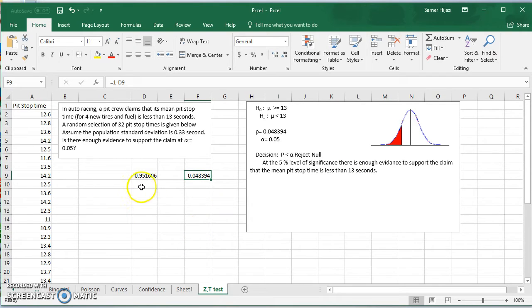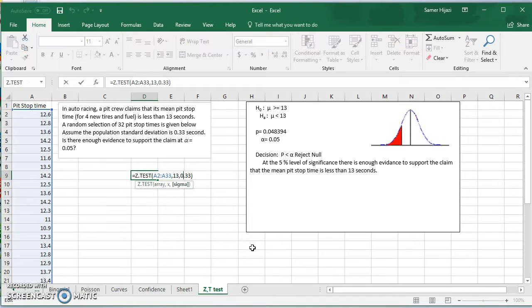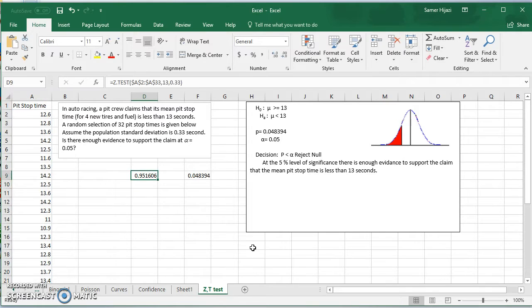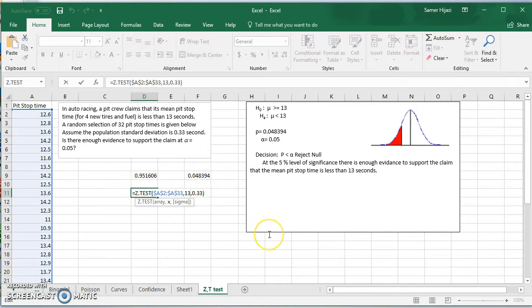Now, let's see if we are finding greater than, so we're doing a right tail. If we're doing a right tail, we don't have to do 1 minus because it's already giving me a right tail. So I'm just going to go to this formula here, and let's assume I'm looking for greater than 12.75, for example.